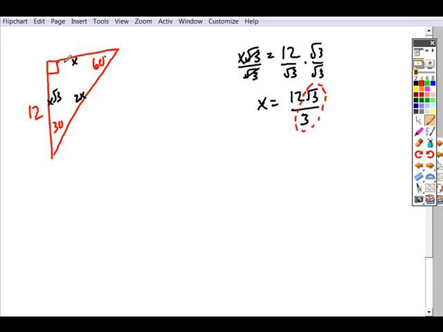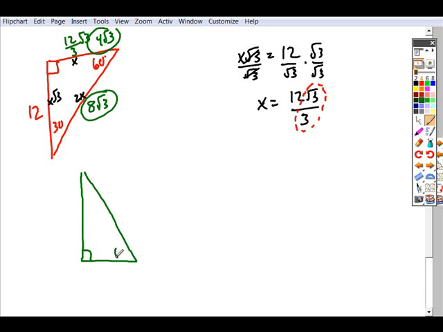In order to solve for our x value, and x represents the leg opposite the 30-degree angle, all we need to do is take our given side, 12, divide by 3, multiply by root 3, and that's this x value. So 12 thirds is 4 root 3. So we found our shorter leg. Once we have our shorter leg, we can double that to get the hypotenuse. Double 4 root 3 gives us 8 root 3.